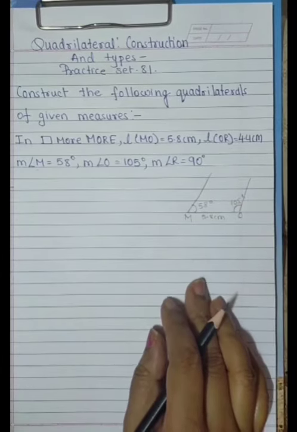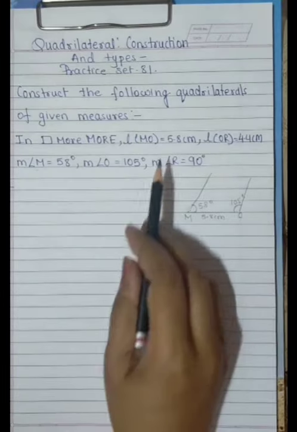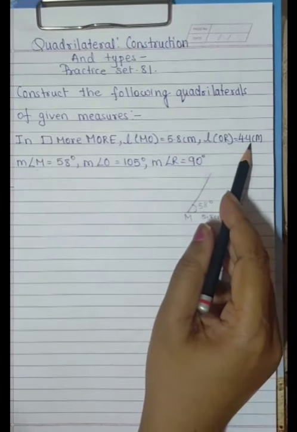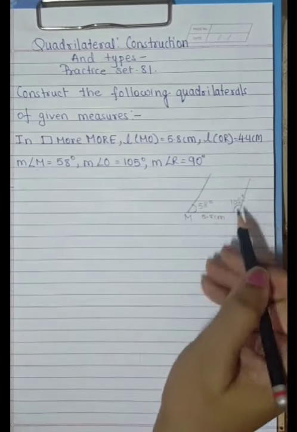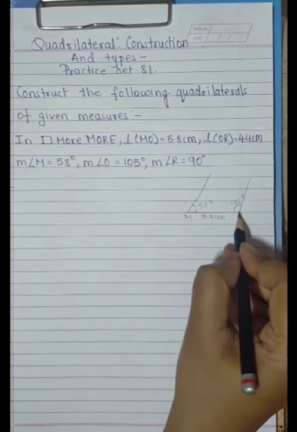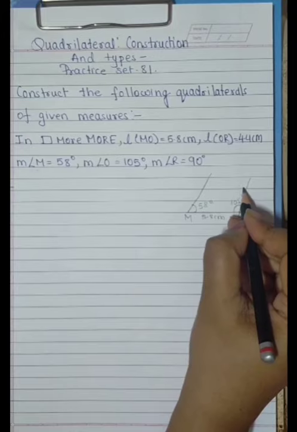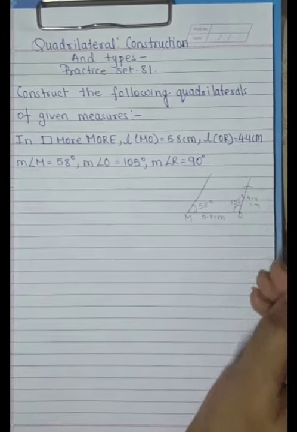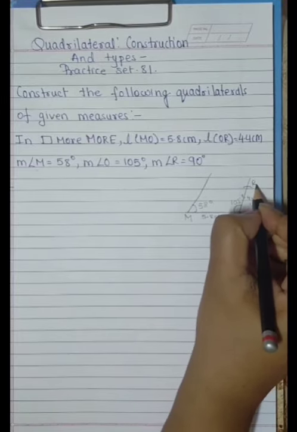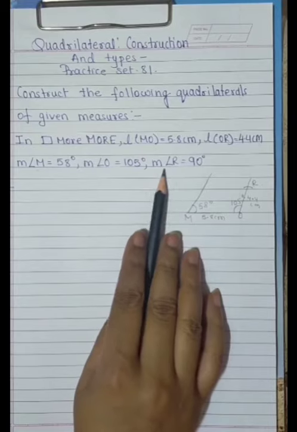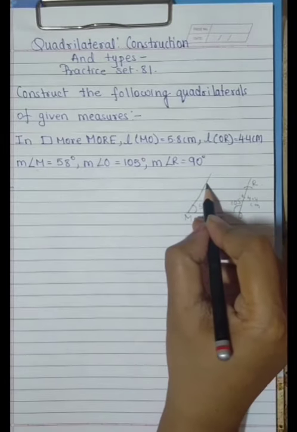Now here again you can see what is given. OR is given 4.4 centimeter. So we will draw R from O to here, 4.4 centimeter, then we'll get R. And what is given? Measure angle R is 90 degree.